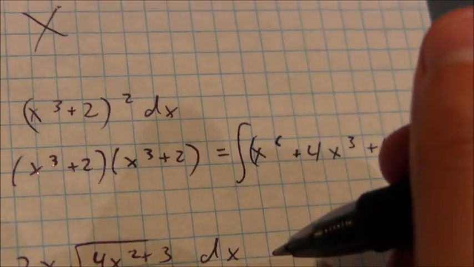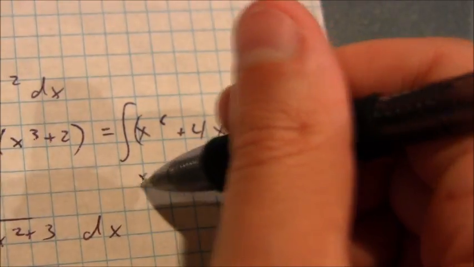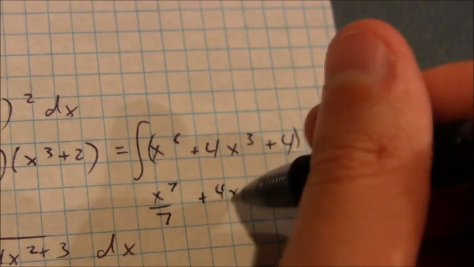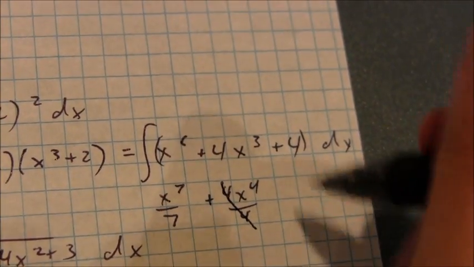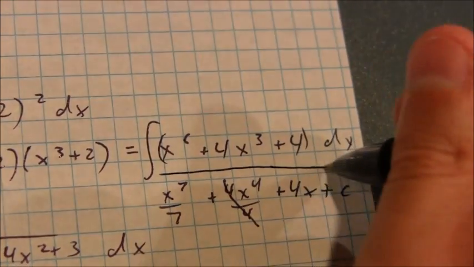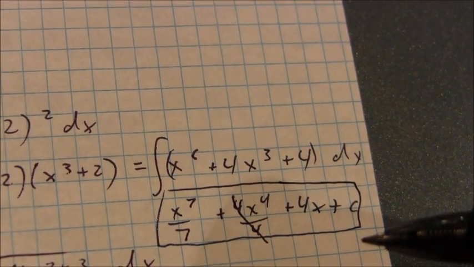And now I can take the integral of that sum, taking the integral of each part separately. That's x to the 7th over 7 plus 4x to the 4th over 4. Of course, those 4's cancel. Plus 4x plus c. And I have my final integral.